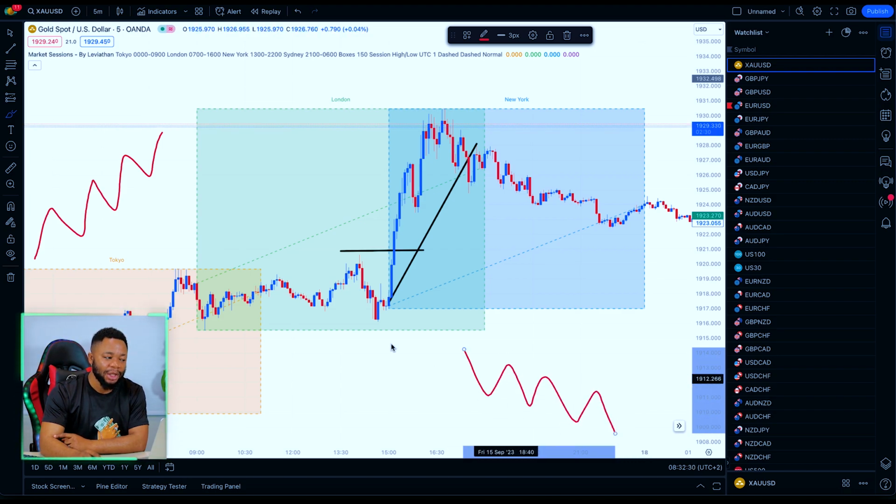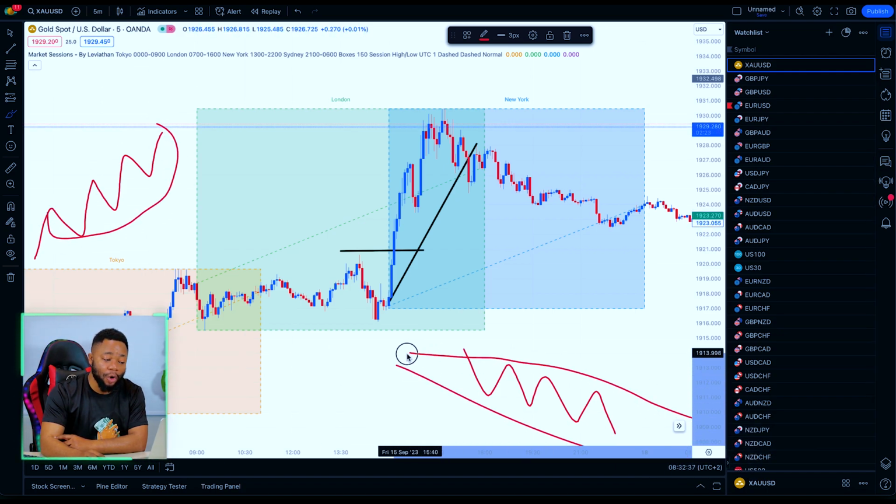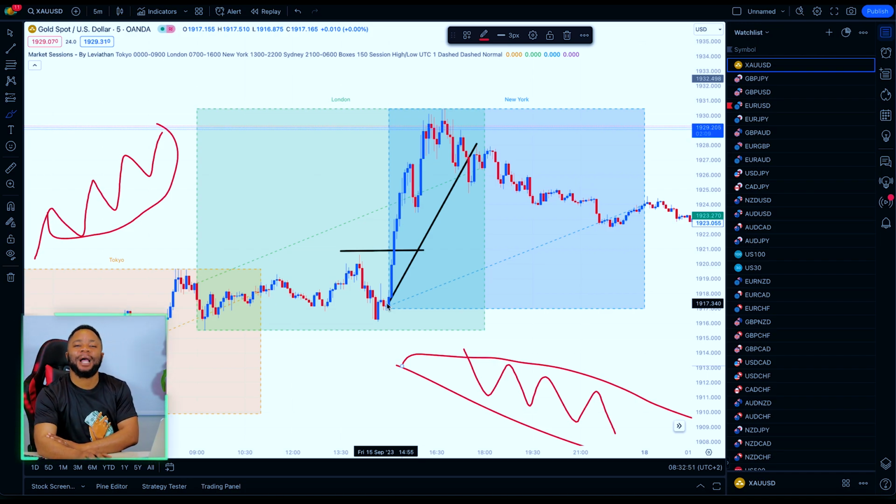So you go on the higher time frame and check if you can see something like this, and you also check if you can see something occurring like this. If you confirm on the higher time frame, using our case as an example, that the market is in an uptrend, then at the start of the new market session, you take a buy trade. As simple as that.